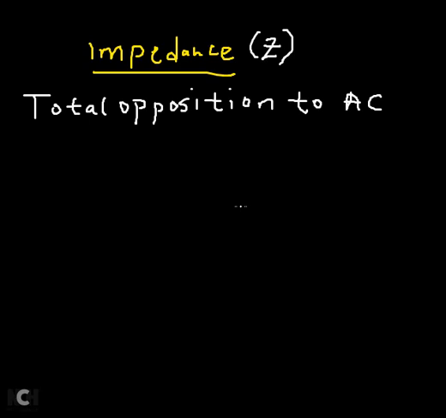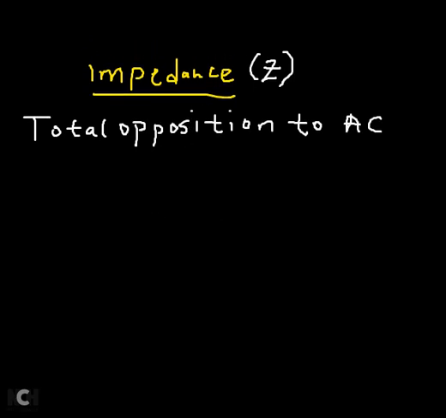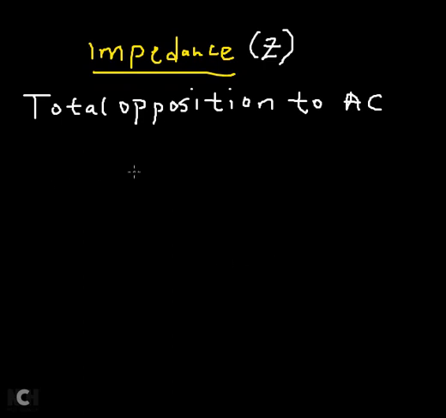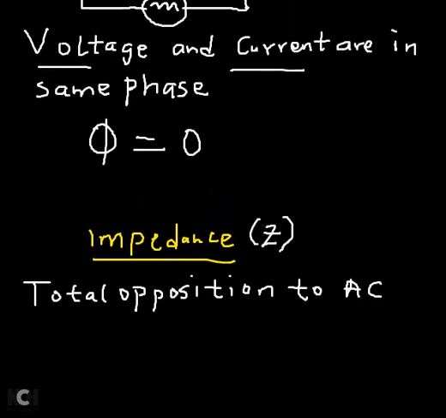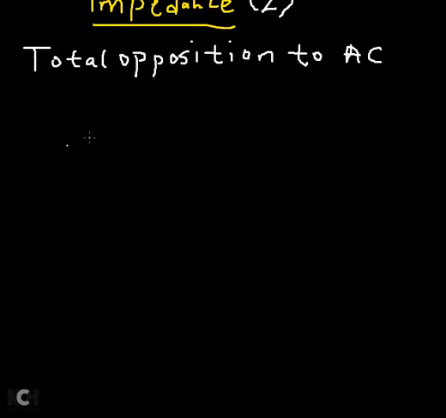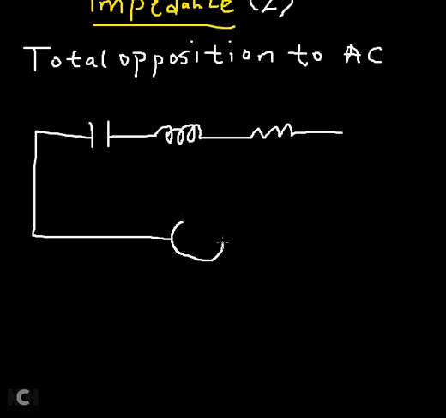Which simply means that in the case of impedance, we might be looking at an alternating current circuit that has the three components connected in series. Let's say a situation where you have a capacitor, inductor, then a resistor, all connected in the same circuit.